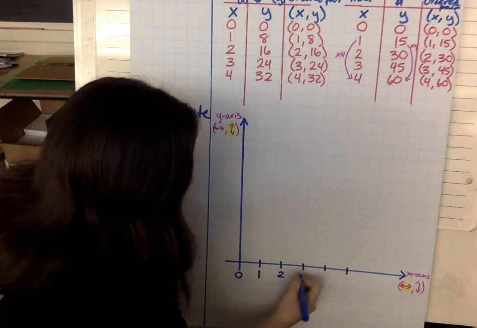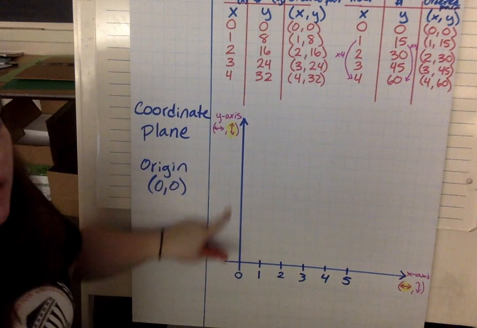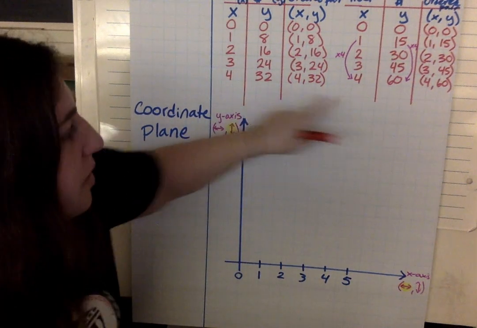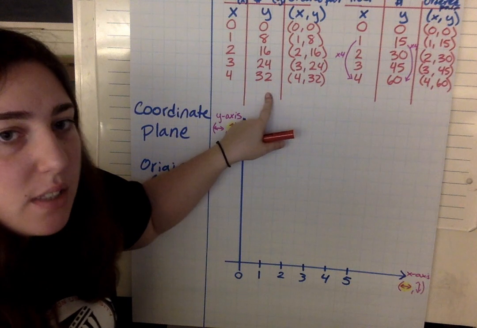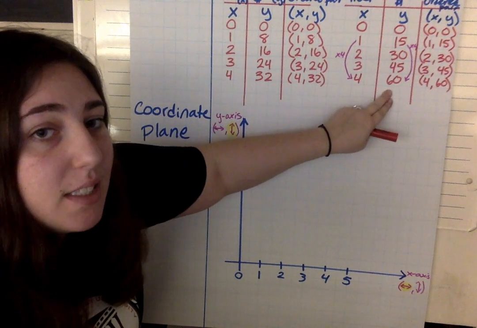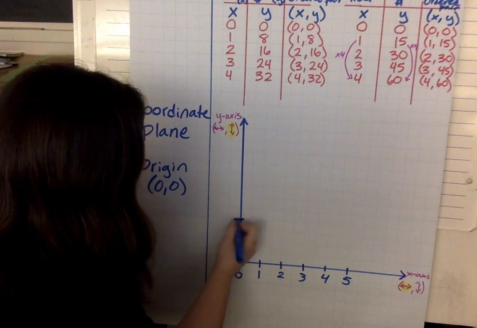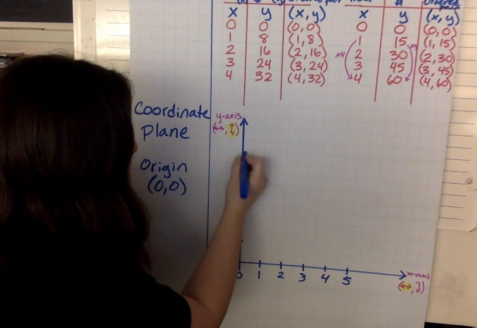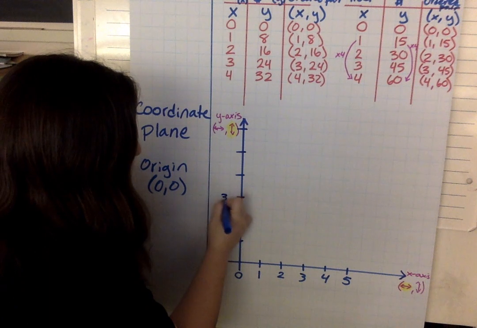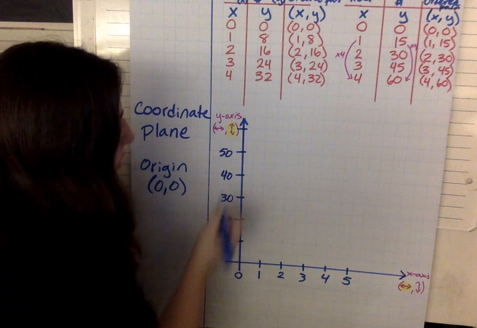So 1, 2, 3, 4, 5, and then I'm gonna look at my y-axis and see what I should count by. Numbers are pretty big. I don't want to count by ones because that's too many tallies. Twos might be a little too small, and I notice I need to get to 60. So I'm going to count by tens. So I have 10, 20, 30, 40, 50, and 60 is going to be right there at the top.